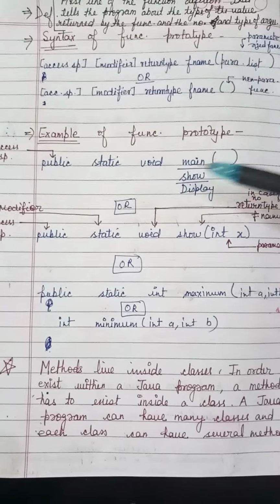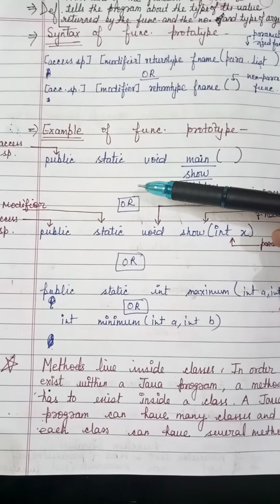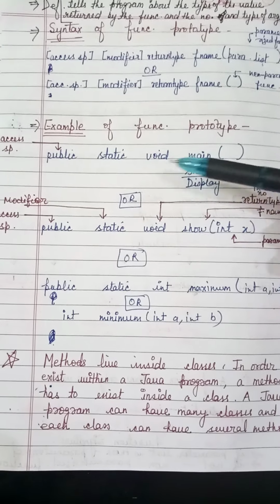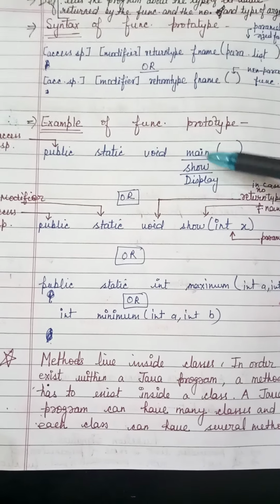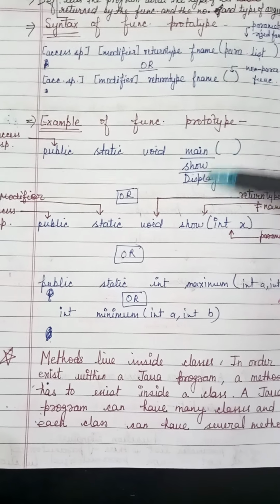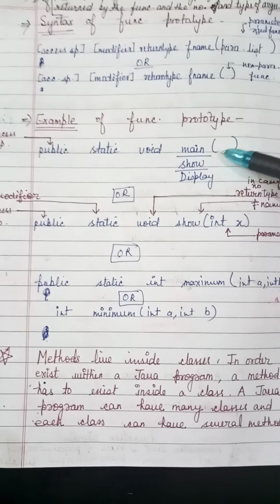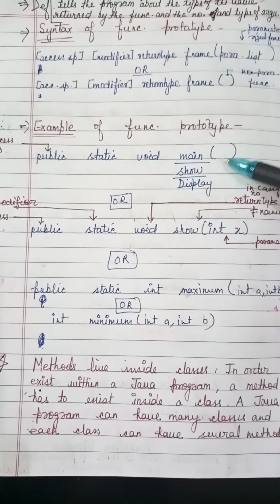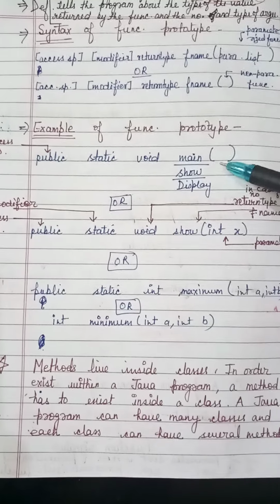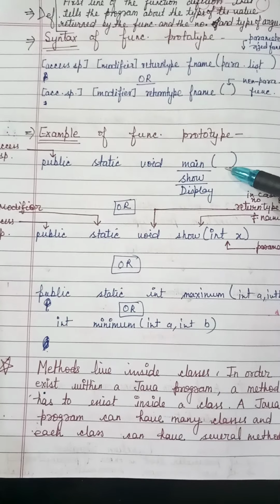Okay, because the opening and closing braces and the set of executable statements are not there. Only the first line of the function definition is here. The name can be main, show, display, any name. And without parameters, the parentheses are empty. It means it's a non-parameterized function.